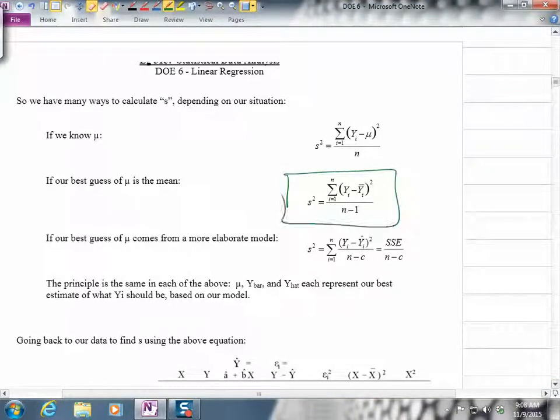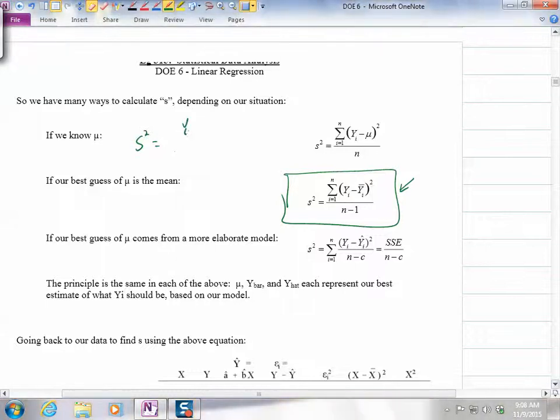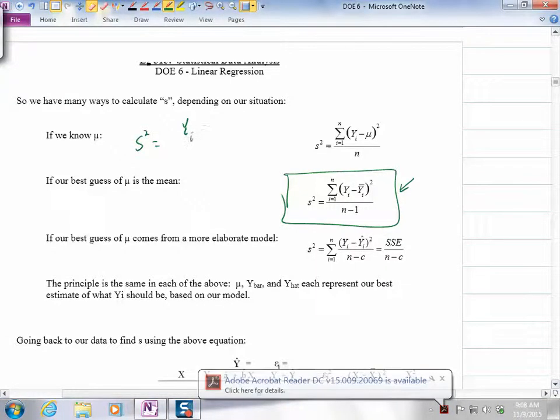we have been calculating variance. The standard deviation is the square root of that. And that was the formula you've been using since before you got in the class. But in general, if we generalize this variance, it's that we're taking yi minus our best guess of that thing.